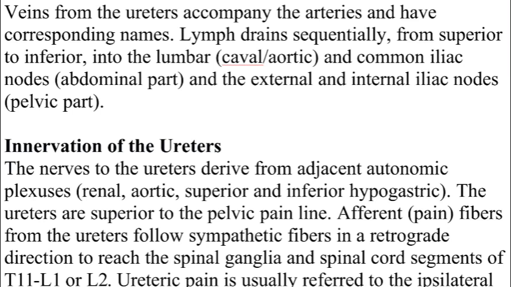Innervation of the ureters. The nerves to the ureters come from the adjacent autonomic plexuses, that's the renal, aortic, superior and inferior hypogastric nerve plexuses. The ureters are superior to the pelvic pain line.